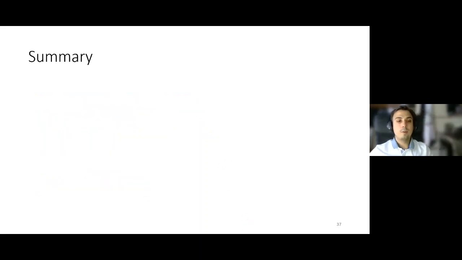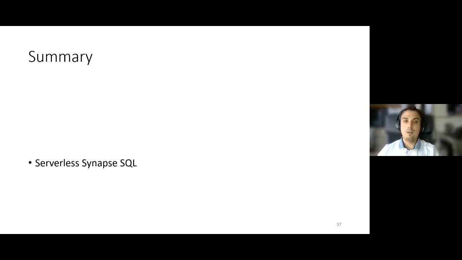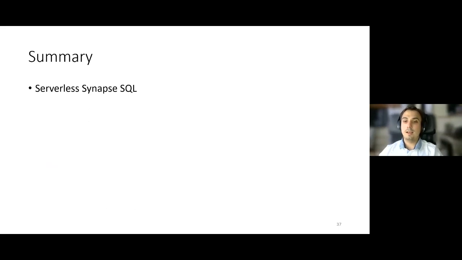So to summarize everything today, we have covered serverless Synapse SQL. We did an overview of the features and functionalities, how you can use it, how you're getting charged, how it works via this DQP distributed query processing system, and how you can utilize it in the way you need it.